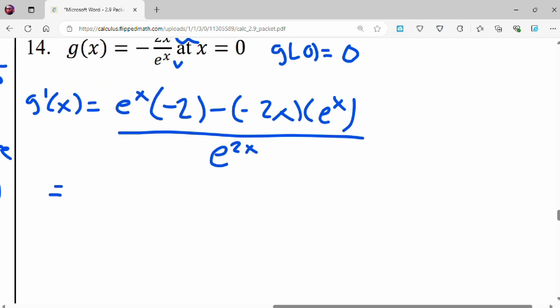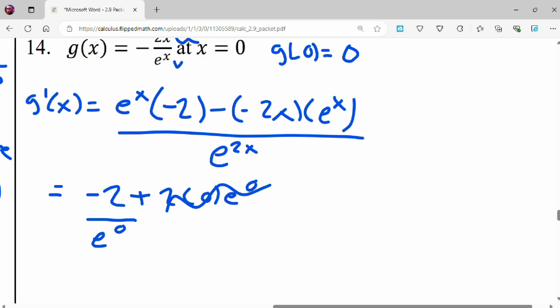So now we can plug in 0, right? So e to the 0 is 1, so negative 2, and plus 2 times 0, so 0, e to the 0, squiggle that out, over e to the 0 equals negative 2 over 1, which is negative 2, right?